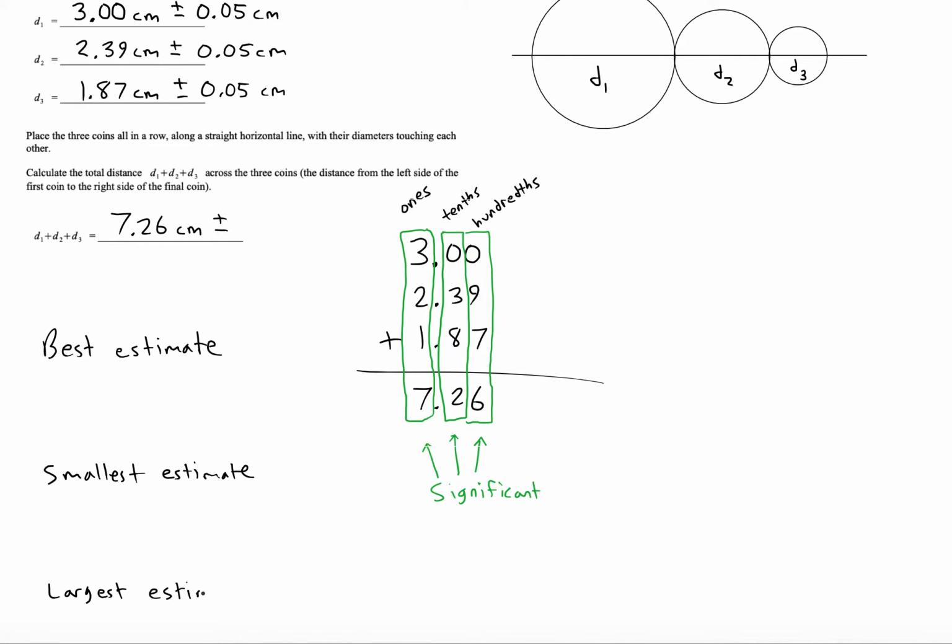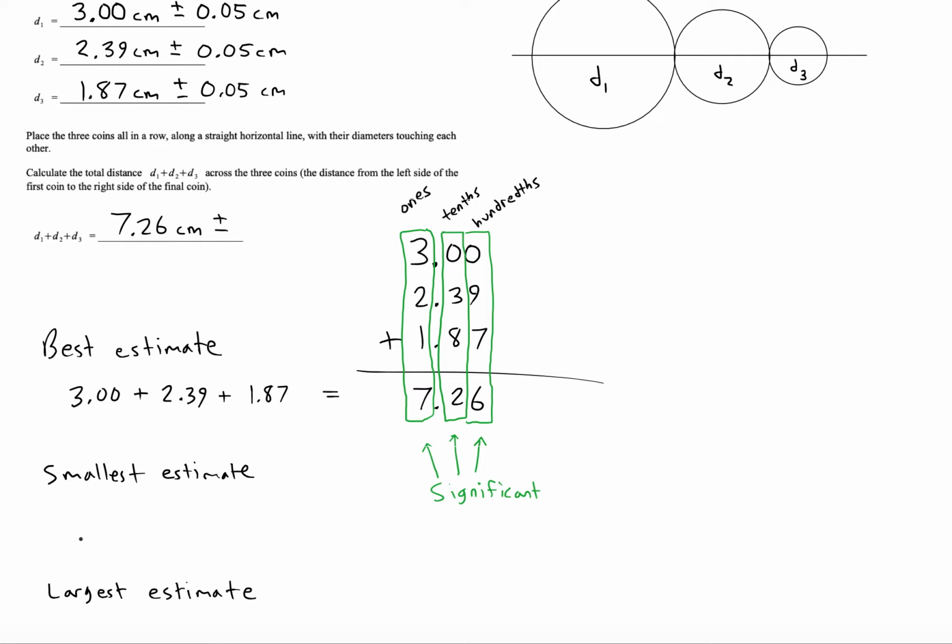This is just one of the ways of analyzing the uncertainty, right? So the best estimate comes from just adding the numbers together. So that actually gives us 7.26. We already did that one. But how do you get the smallest estimate?